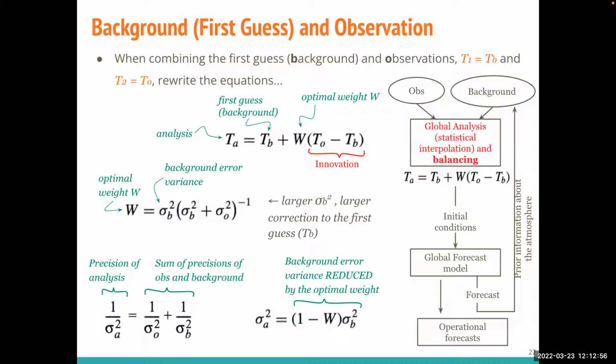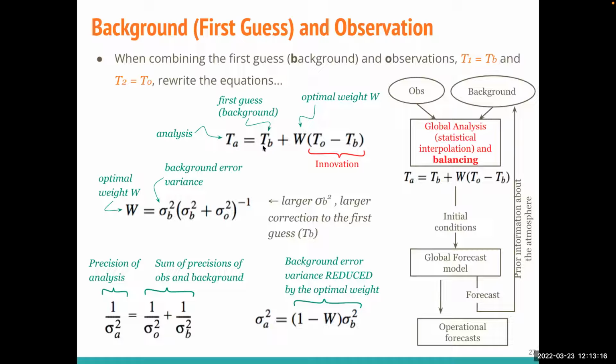Okay, there are other methods. This is also another method. We combine the first guess, the background, and the observation. T1 is the background and T2 is the observation. So we rewrite the equation for the analysis, which is something we want to put into your model as the initial condition.